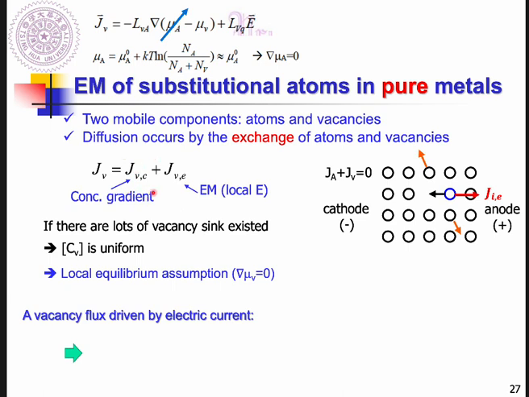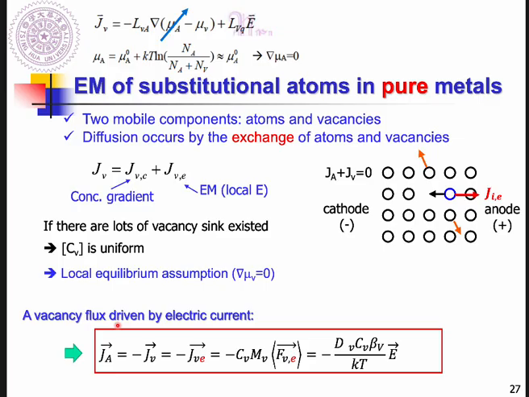So because we ignore this term, the vacancy flux is only driven by the local electrical field acting on this material system. So that would be much easier, right? In order to know the vacancy flux, don't forget our purpose is actually to know the atomic flux, but it's not easy to directly measure the atomic flux in these pure metal material systems.